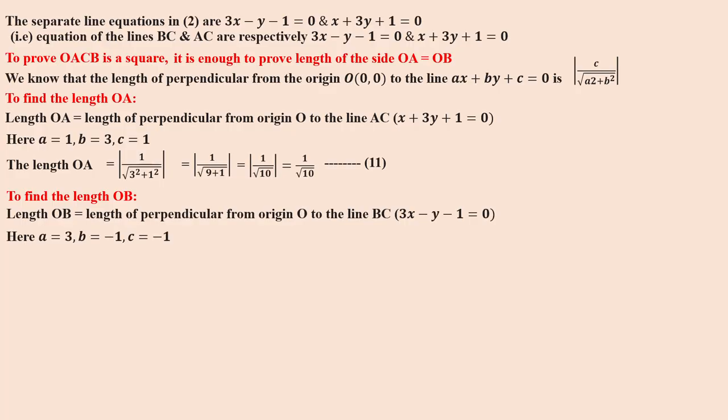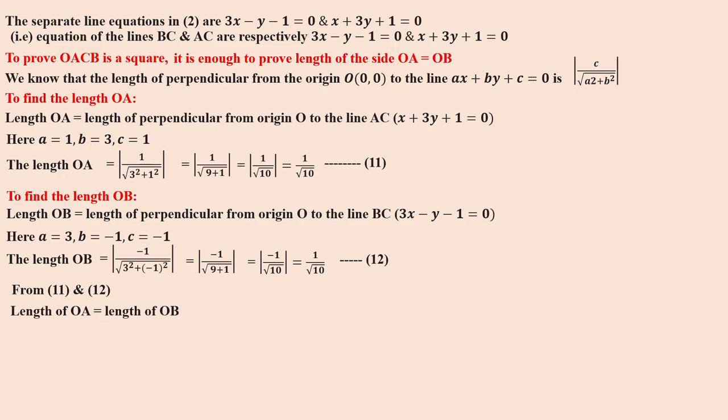So here a is equal to 3, b is equal to minus 1, c is equal to minus 1. So the length of OB is equal to modulus minus 1 by root of 3 square plus minus 1 square, that is also 1 by root 10. That is equation number 12. So from 11 and 12, OA is equal to OB. Therefore, OACB is a square.